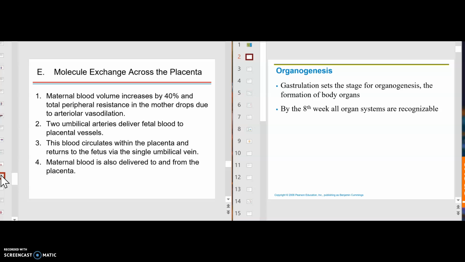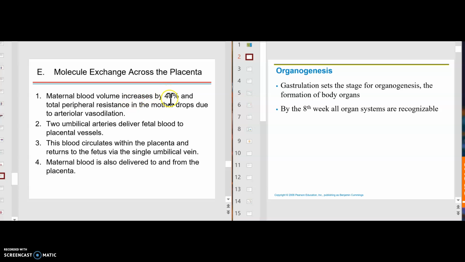Now, the next thing we go to is molecule exchange across the placenta. Maternal blood volume increases by 40% and total peripheral resistance drops. You're increasing this blood volume not for exchange between the mother and the fetus, but in order to perfuse the area of the placenta; there should be no direct exchange between mother and fetus.